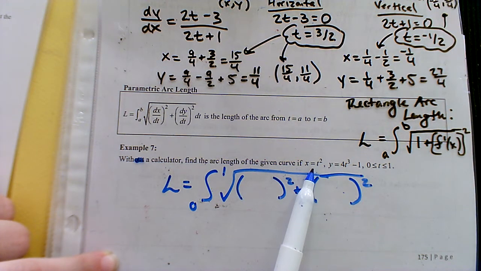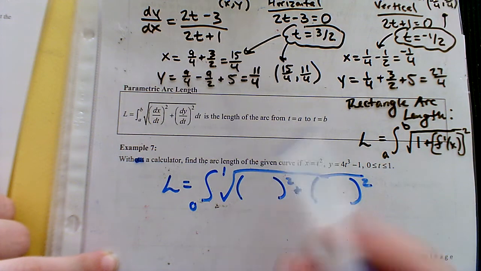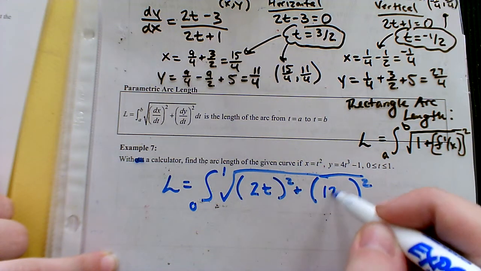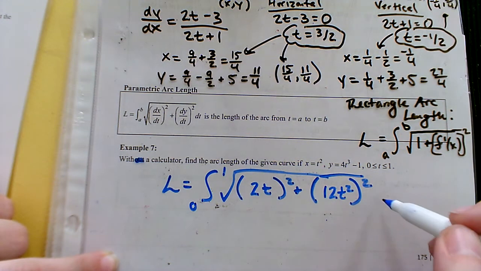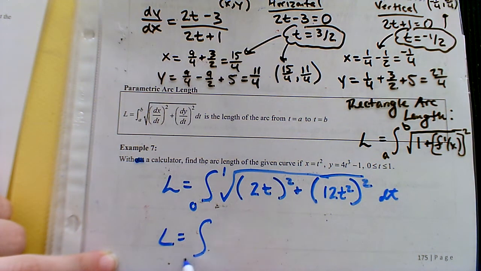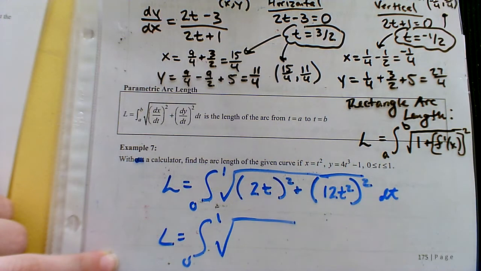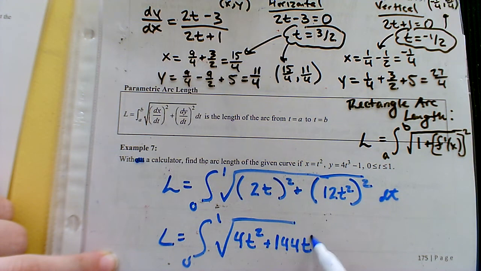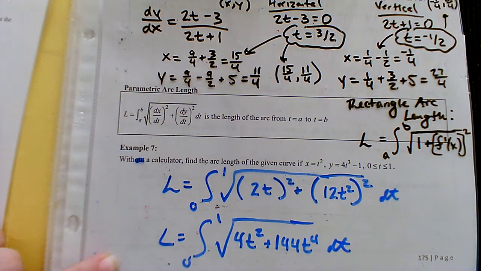So the derivative of the x parametric equation would be 2t, and then the derivative of the y parametric equation, we would have 12t squared. So you could just leave it like that and type it in your calculator. Maybe you want to clean it up a little bit. This would be the square root of 4t squared plus 144t to the fourth. You can type it in like that too.